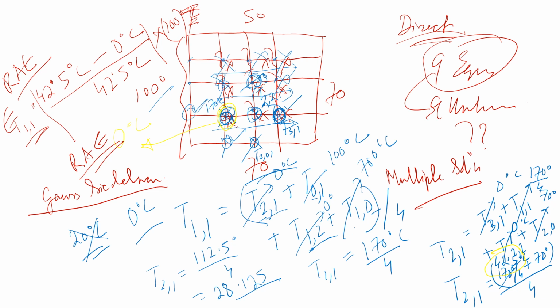Now your goal at each iteration will be to minimize this relative absolute error to at least less than 20 degrees centigrade. Sorry, again I am mistaken, it is 20%. At least less than 20%.